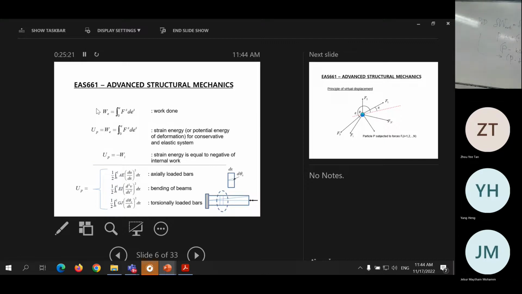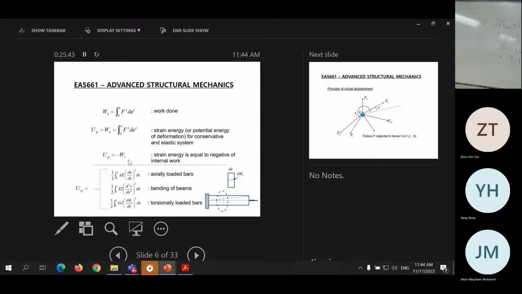Strain energy is also called potential energy of deformations, because strain energy happens when we have deformations. Now, if there is external work, W subscript E, there is also internal work.